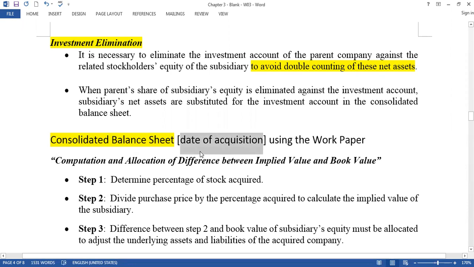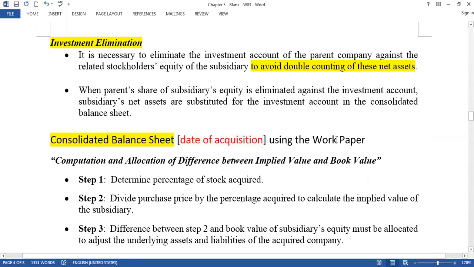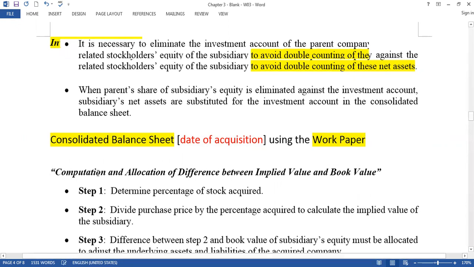We have another consolidated balance sheet after the acquisition. In chapter 4, we will learn the consolidated balance sheet after acquisition. But at this moment, we are talking about the consolidated balance sheet at the date of acquisition using the work paper.